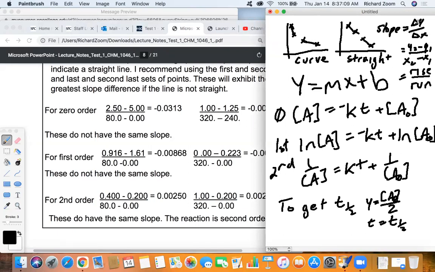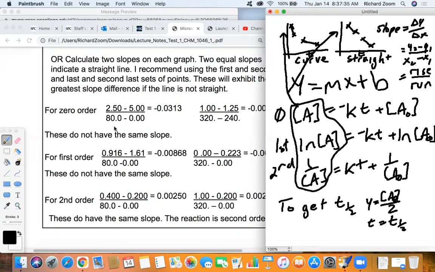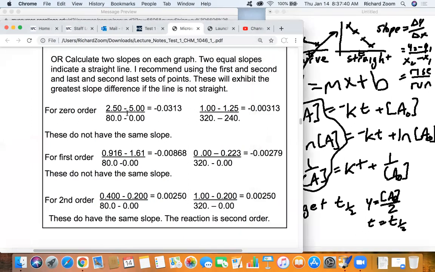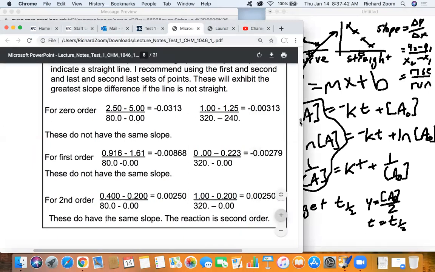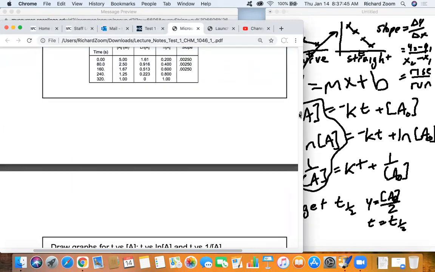So remembering that the delta y is going to be whatever's here, which could be a log of a, 1 over a, and on the x-axis it's always time. But these are the y values that are possible here. So when I'm looking at, for example, finding the slope for 0 order, these are the first two y values, these are the first two x values. So I'll go back to that over here.